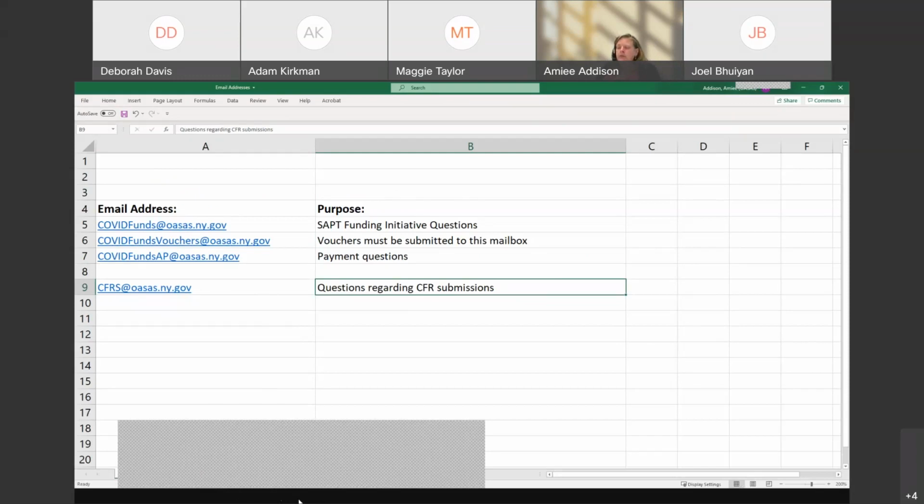The accounts payable unit would receive a copy of the executed contract. Once the contract is received by accounts payable, we would calculate the 25% advance, and an email would be sent including the payment worksheet and a blank expense report.